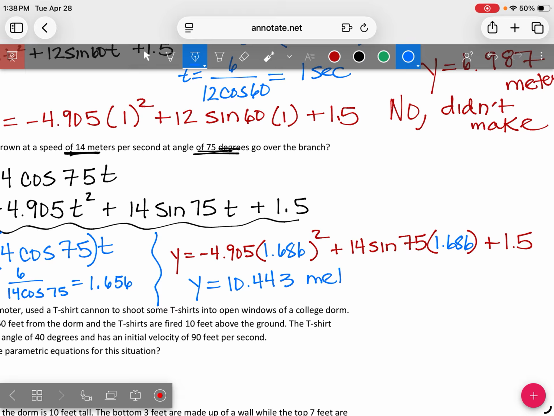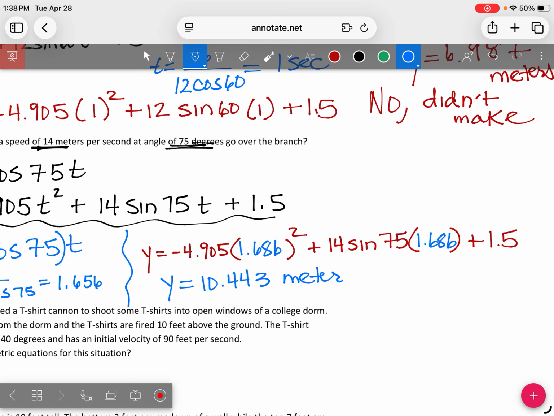Is that high enough to go over the branch? Because the branch is 9 meters. So the answer is yes. It did make it.